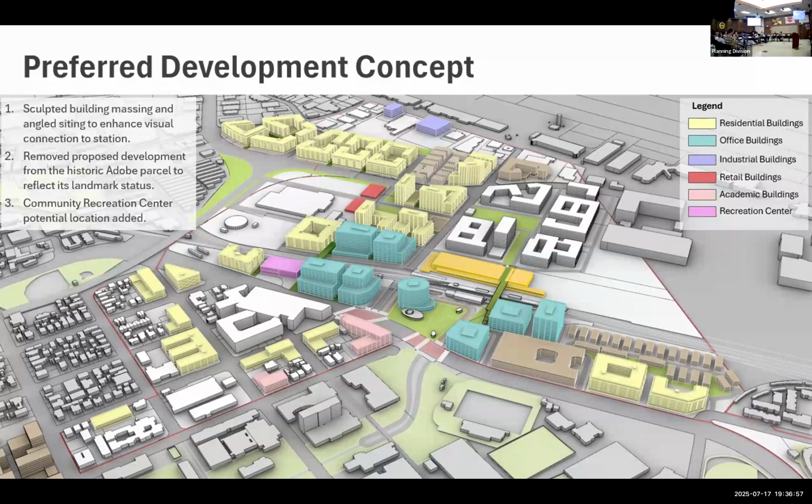The last time we presented, we showed underground parking at the station plaza. Yes, 2 levels is what we're showing. But adding more uses, which would have other parking needs also, is something that we need to think about.